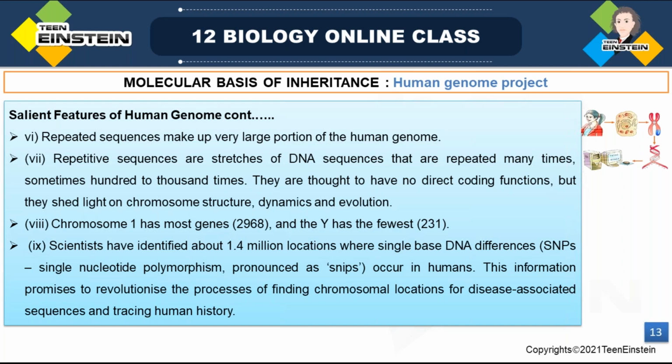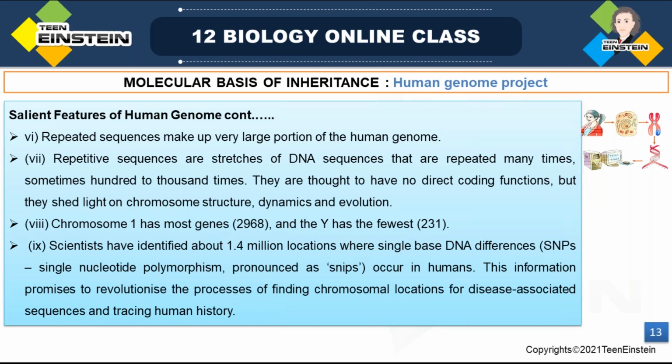In all these locations, the difference or the polymorphism is just a single nucleotide variation. They found 1.4 million locations varying only by a single nucleotide. This information gives more ideas about chromosomal locations for sequencing which are associated with major diseases.